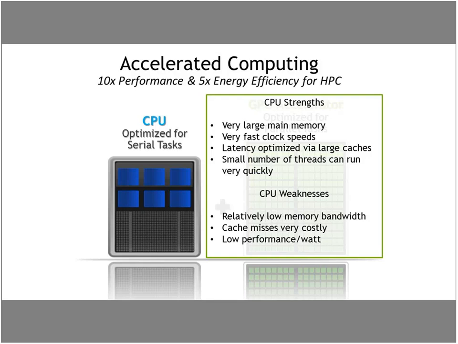But the CPU has some weaknesses. The cost of having very large memory is that the bandwidth of that memory is relatively lower compared to the GPU. You're looking at DDR3, DDR4 memory usually on a CPU. Also, cache misses are very costly. So we really need to keep the latency down as much as possible by having as much as we can in cache.